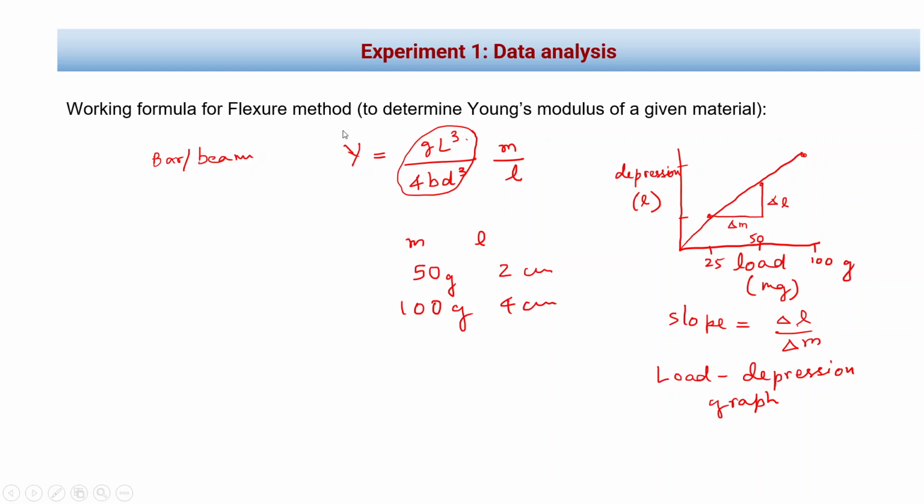While doing it experimentally, as the professor had told, we need to keep in mind that we need to repeat the measurements. We can repeat it with different lengths. Like say, first I did it with 70 centimeter length of the bar. Next time I'll do it with 75 centimeter or 80 centimeter.